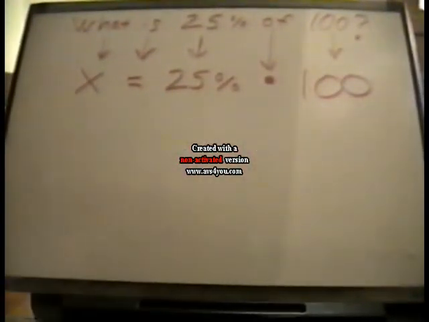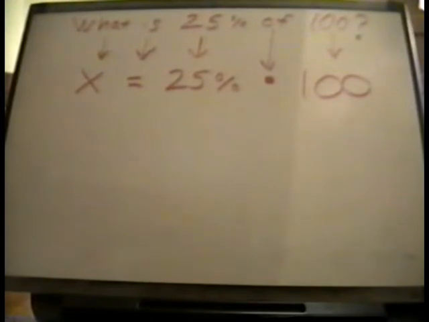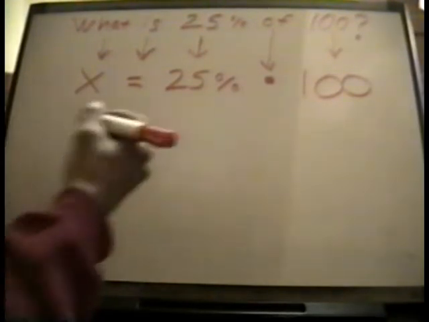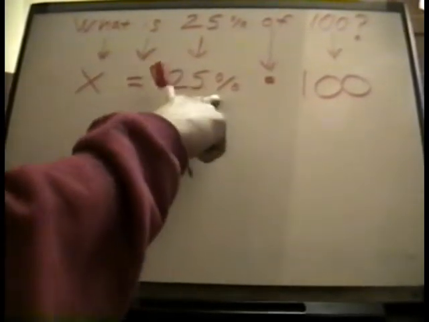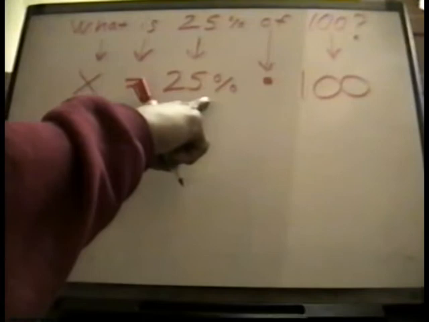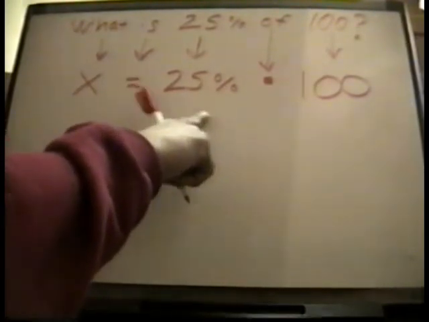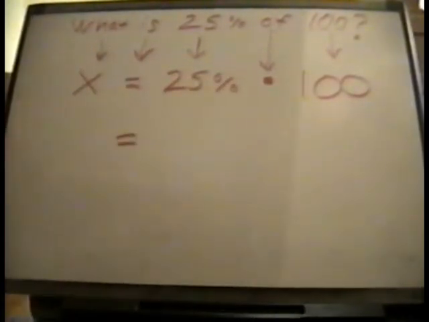Now to find this out, we're going to deal with this: x equals 25% times 100. This is asking the question, what is 25% of 100? So we must convert this percent into a number that we can multiply 100 by.